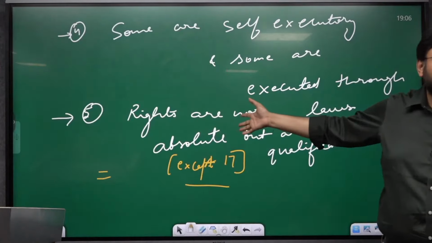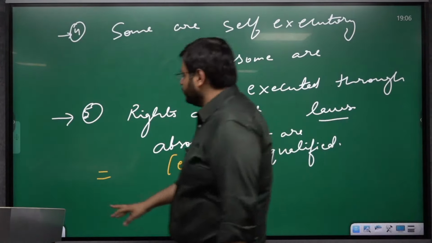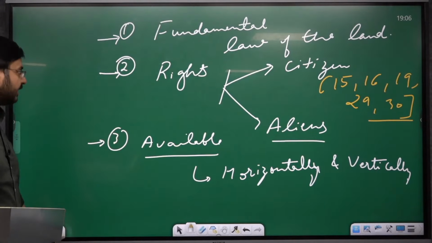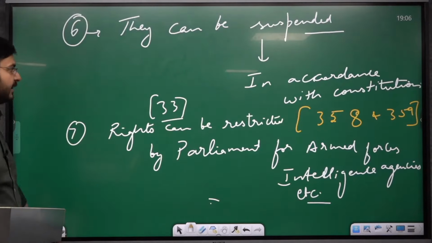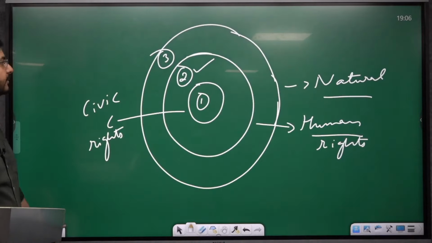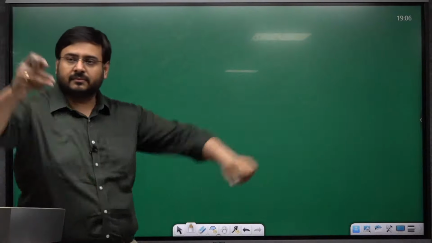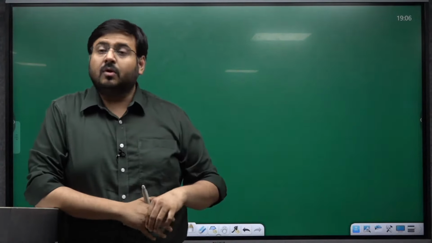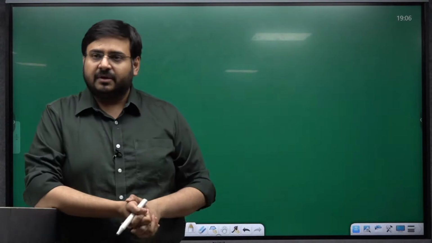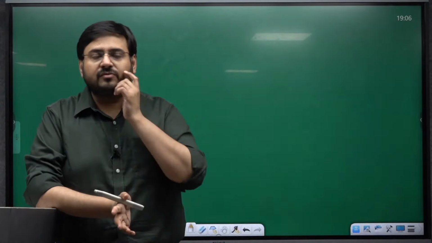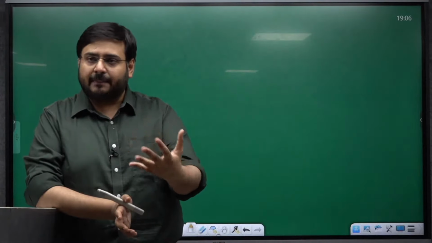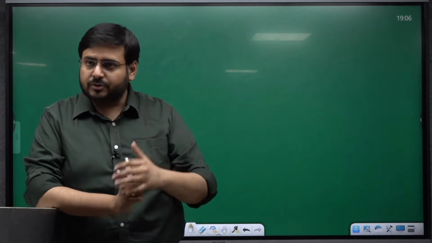Everyone has noted this down? Is there anyone who wants to note this down? From 1 to the others, we are having the fundamental rights. Yes, beta? For any fundamental right, for example, you see the law with respect to the application of the right to education.